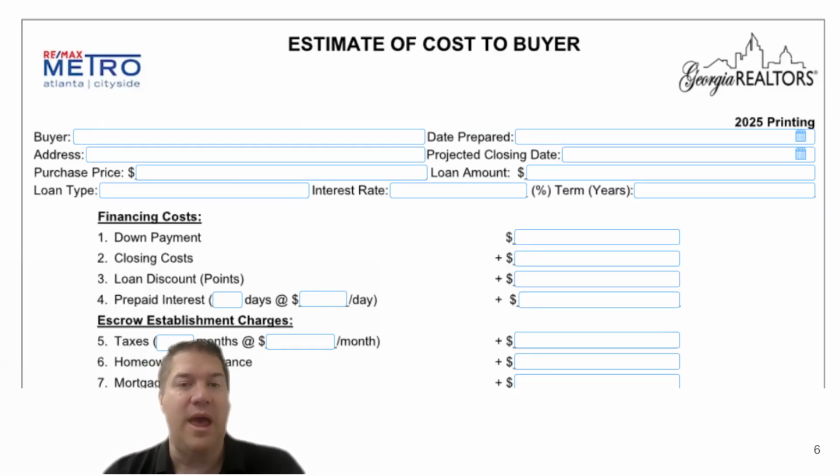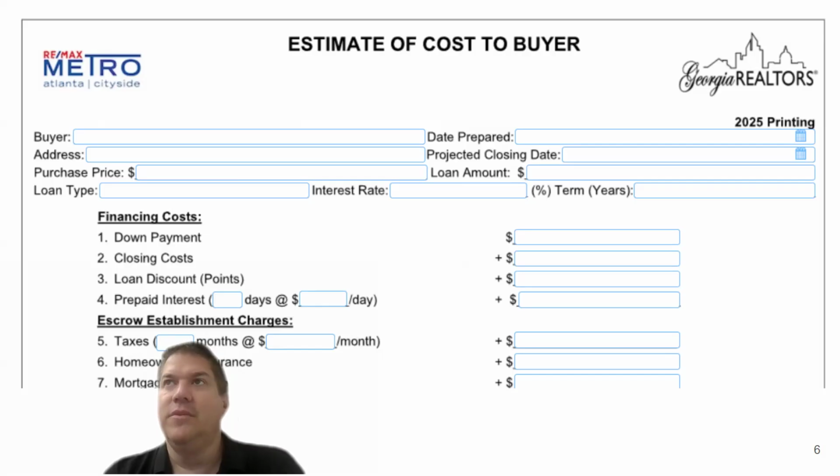It's another way of not having a surprise at closing or when they see that first closing disclosure. I think so many of us fall back on, let's get a closing disclosure and that'll tell them everything they need to know.